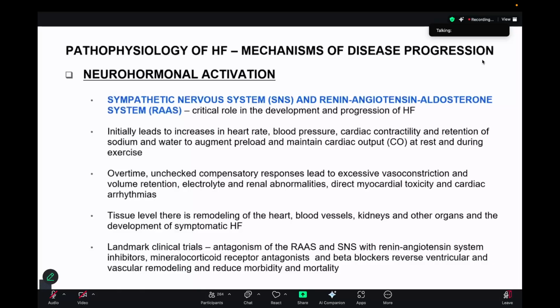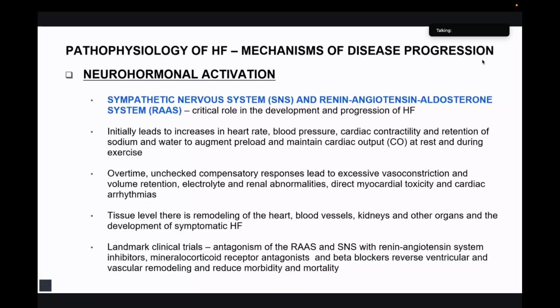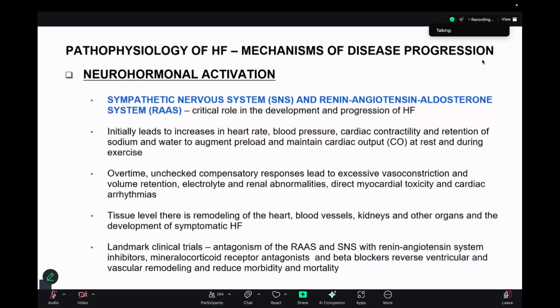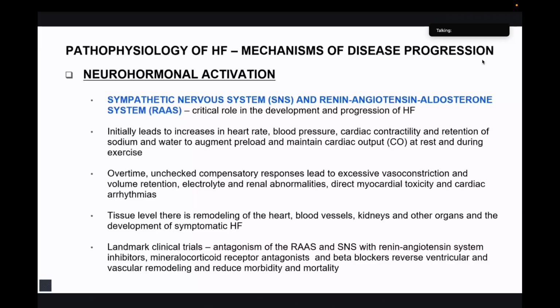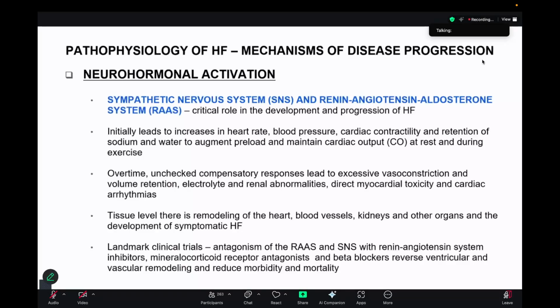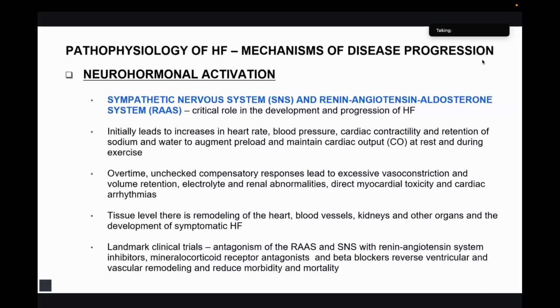In heart failure, there are certain compensatory mechanisms which become activated during the development of heart failure and actually contribute to the disease progression. That is the neurohormonal activation. When we say neurohormonal activation, this is the sympathetic nervous system and the renin-angiotensin-aldosterone system.